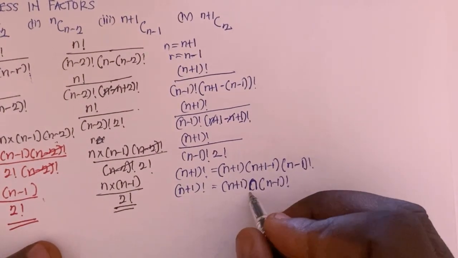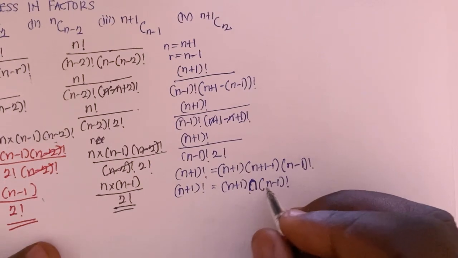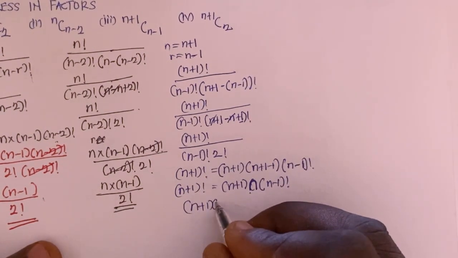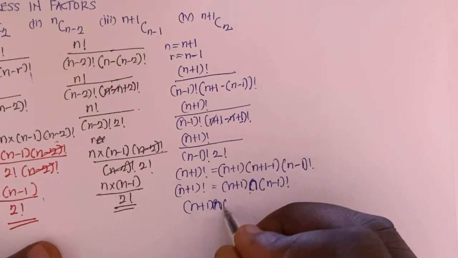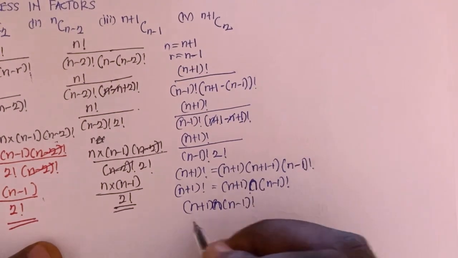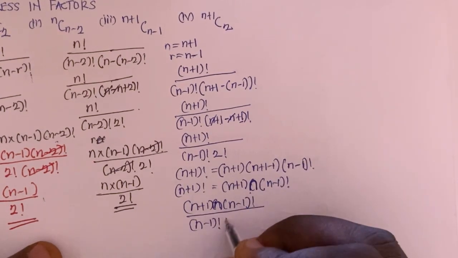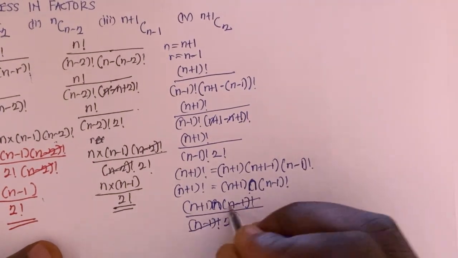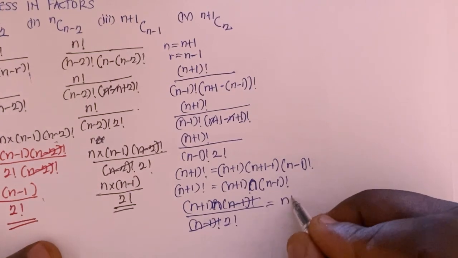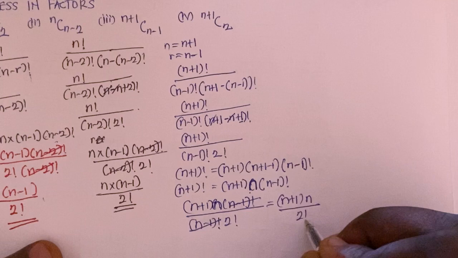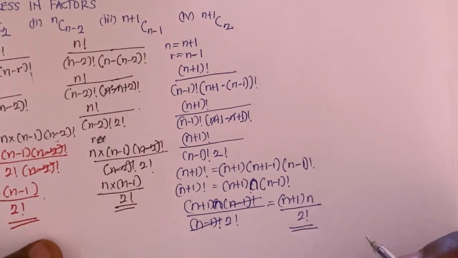So n is in the middle of both. So we have n plus 1, then n, then n minus 1 factorial divided by n minus 1 factorial, 2 factorial. We cancel this, and we have n plus 1 into n divided by 2 factorial, which is the factor form.